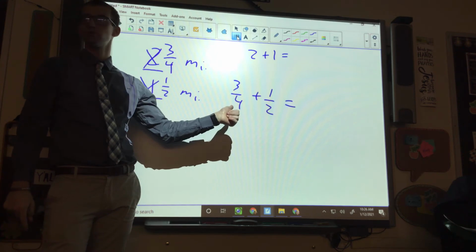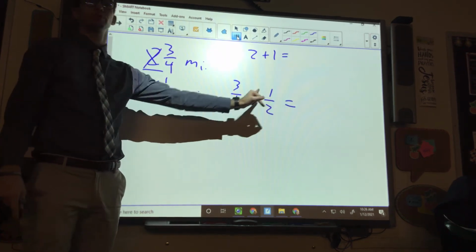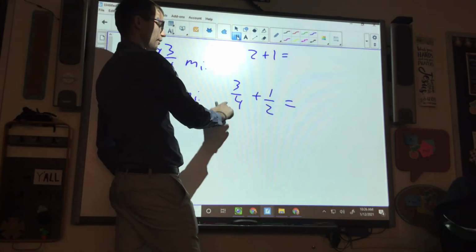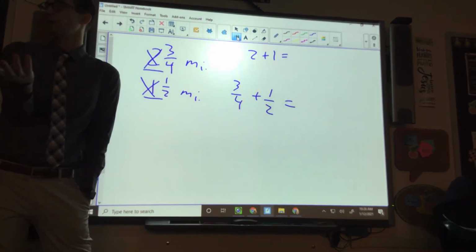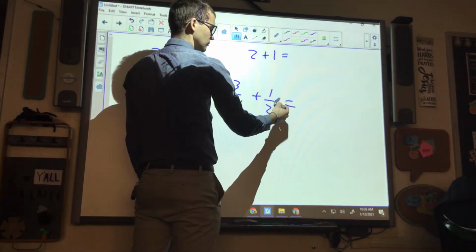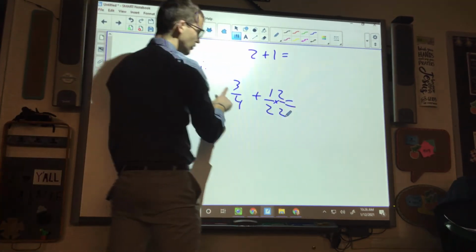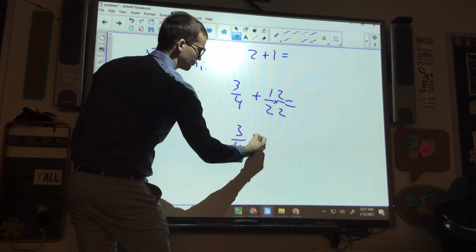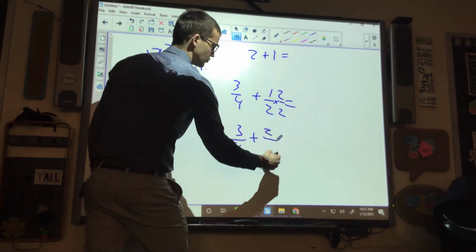No, you don't. You can keep this one the same and just multiply this one. They just both need to go into it. So 4, if I'm multiplying by anything, I'm multiplying by 1 over 1. So I'm not even going to do anything with that. 2, I would multiply by what? 2 over 2. This becomes 3/4 plus 2 over 2, right?